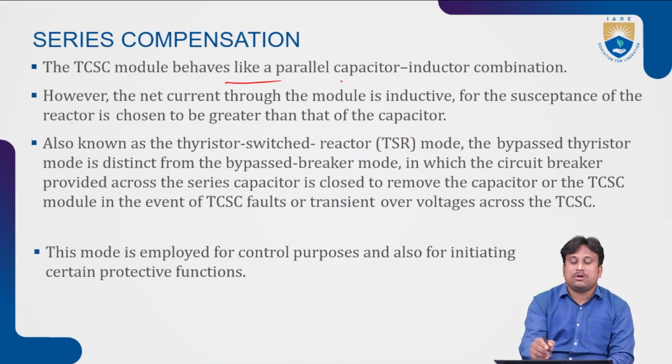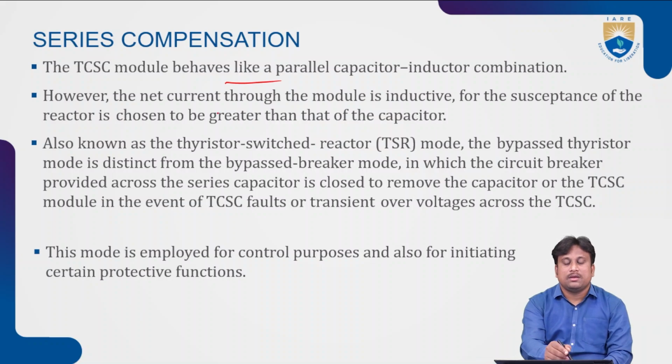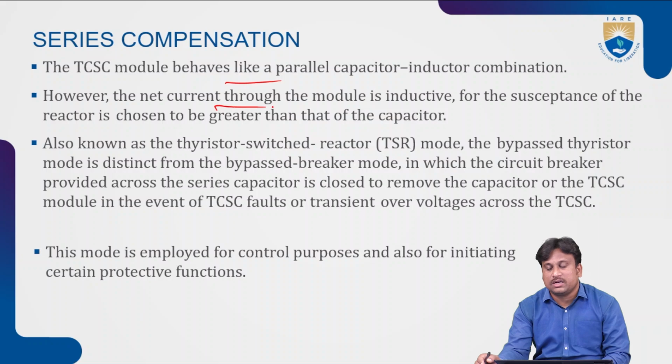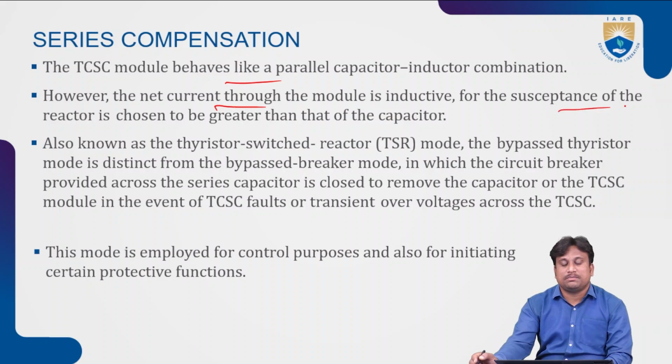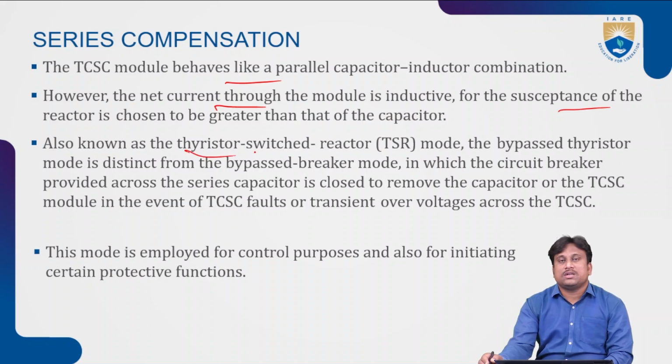The TCSC module behaves like a parallel capacitor inductor combination. However, the net current through the module is inductive in nature. The susceptance of the reactor is selected such that it is greater than that of the capacitor.